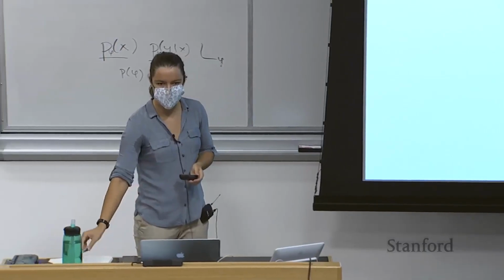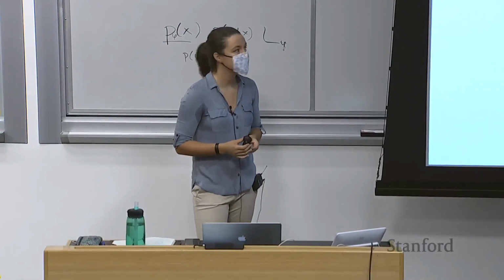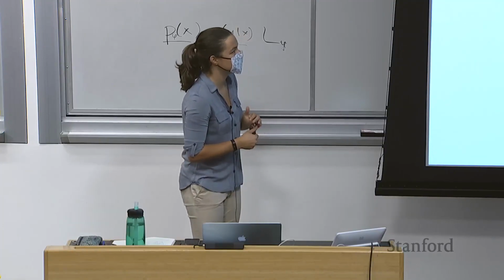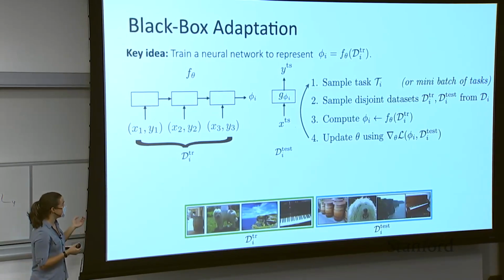Does it usually remain fully differentiable? Like, can we just take a gradient with respect to the test data directly? Yeah, so the question is whether this is fully differentiable, and can we take the gradient of theta directly with respect to the performance on the test data points? The answer here is yes. In general, it should be yes.